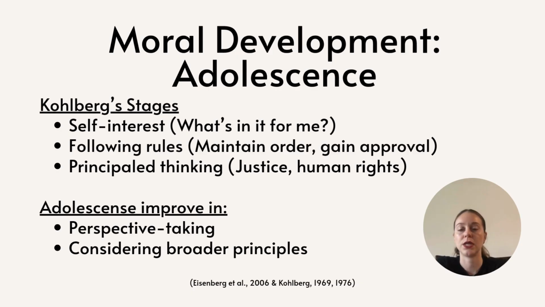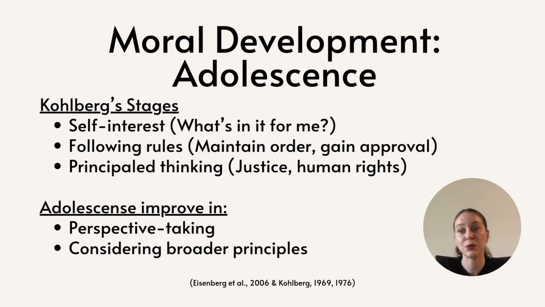This is where you'll see, in the middle school and high school age group, a big need to conform to what is considered good or what will help you fit in. So it's about following the rules of the social structure at this time. You want to seem like a good person to society, but society is their peers and their classmates and the people they're surrounded by at that same age.